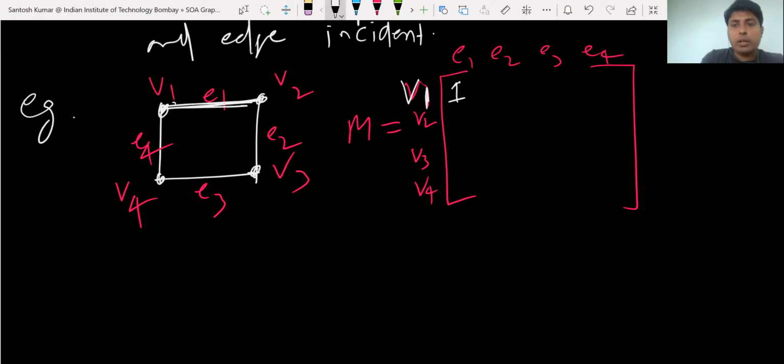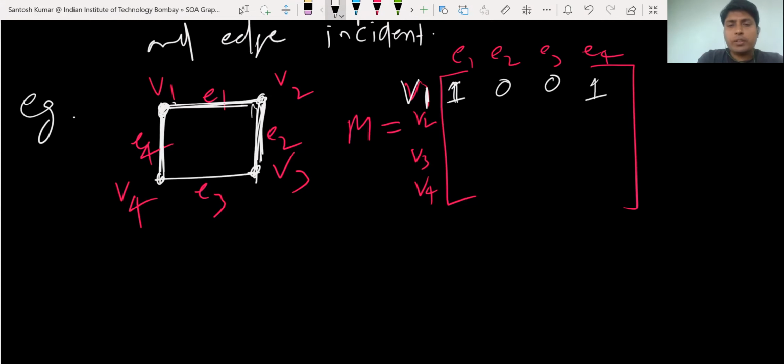Now the entry where vertex V1 is incident with edge E2. Actually vertex V1 is not incident with edge E2, so it will be 0. Again V1 is not incident with E3, so it is 0. Vertex V1 and E4, yes, it is incident, so it will be 1.